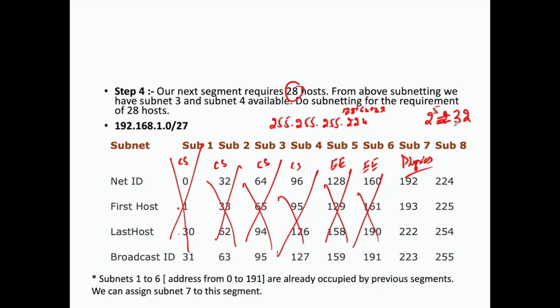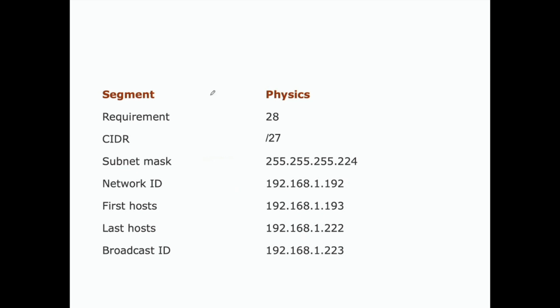Okay. So if I look at the summary here, the requirement was to have 28 node addresses. The number of bits that are representing the network part are 27. Why? Because this is by default 24 bits and then 3 bits.